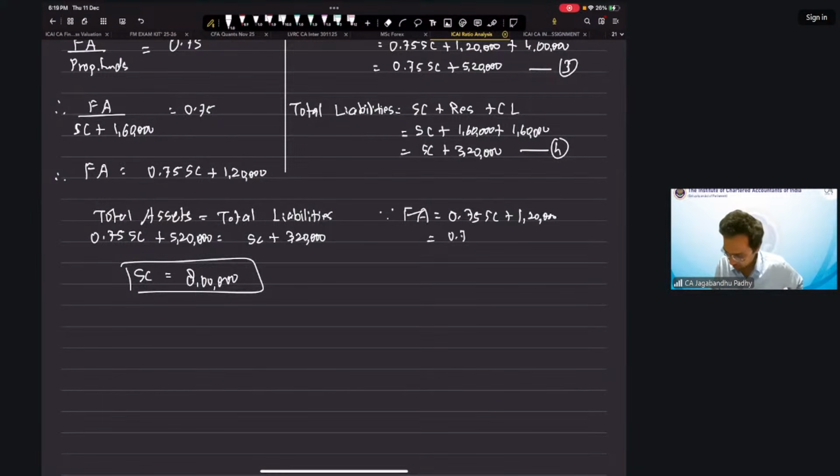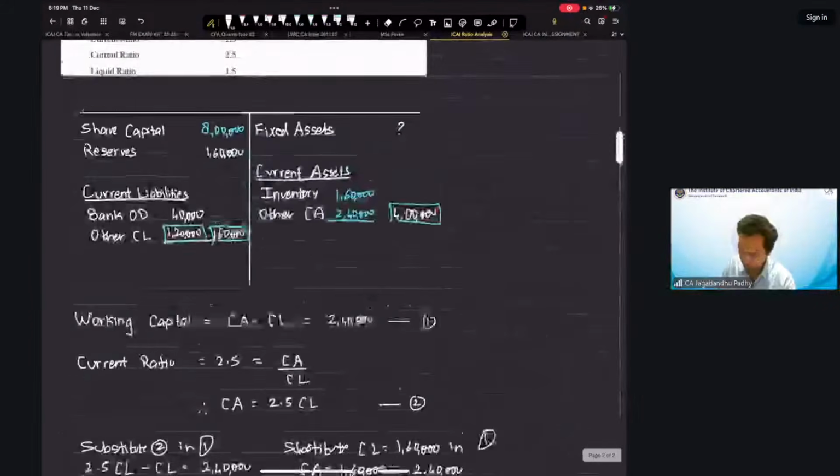So that's going to be 0.75 into share capital of 8 lakh plus 1,20,000. So 0.75 of 8 lakh will be 6 lakh plus 1,20,000. So fixed asset is 7,20,000.